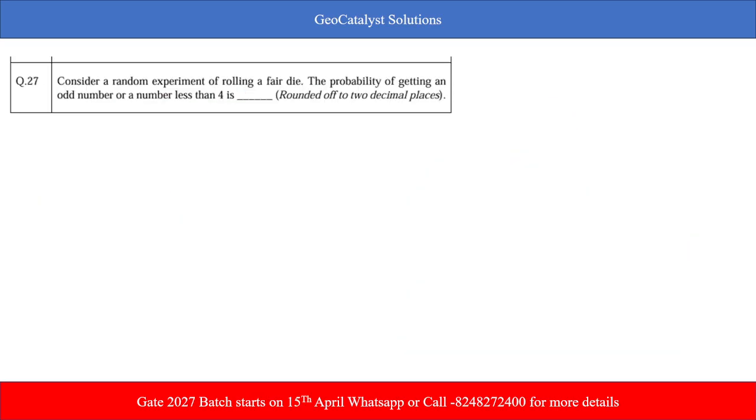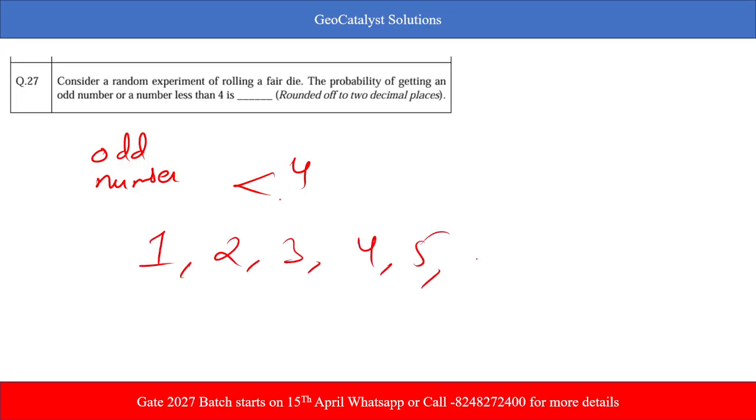Now coming to: consider a random experiment of rolling a fair die. The probability of getting an odd number or a number less than 4. Here we can make it direct. 1 2 3 4 5 6, these are the 6 options we will be getting. These are all less than 4.